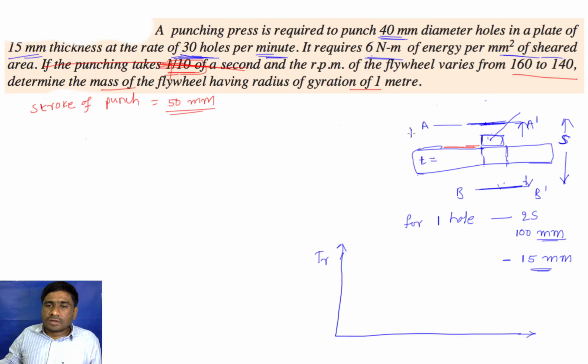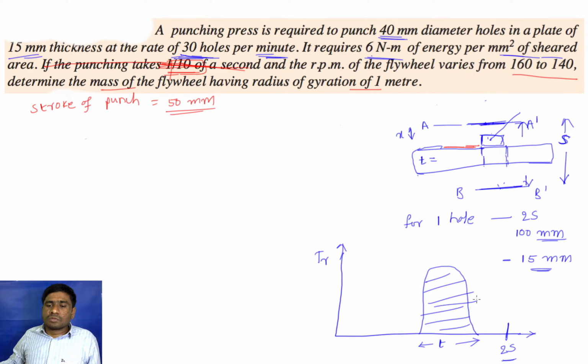Let's say this punch is traveling in the downward direction as x, and if you take the punch distance, this is the area it provided, something like this, and this area is only during this t, and this whole cycle is completed in 2 seconds. So this is the meaning of this, and this area is the energy.